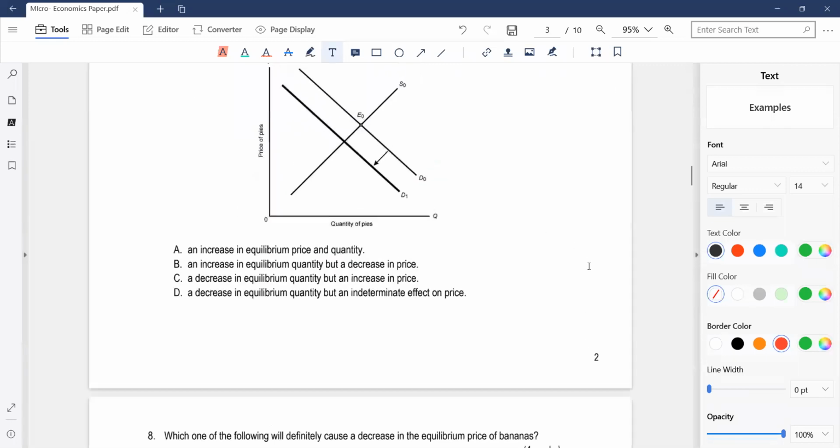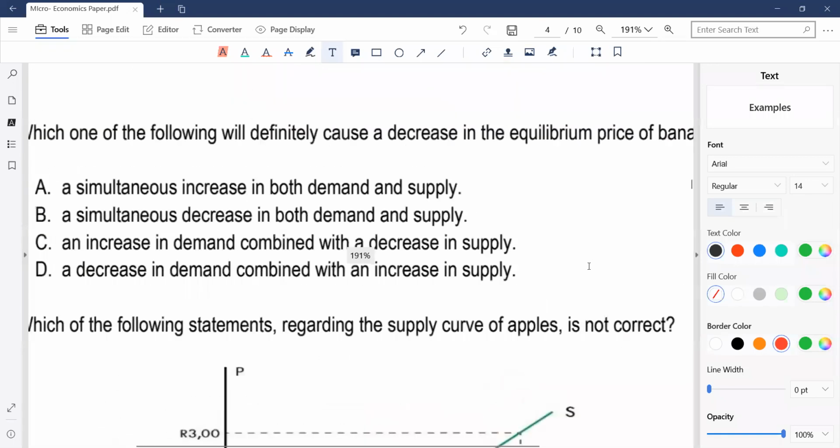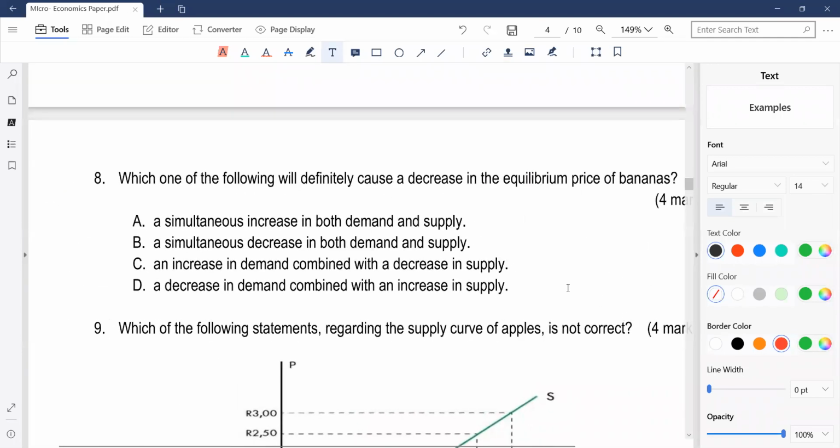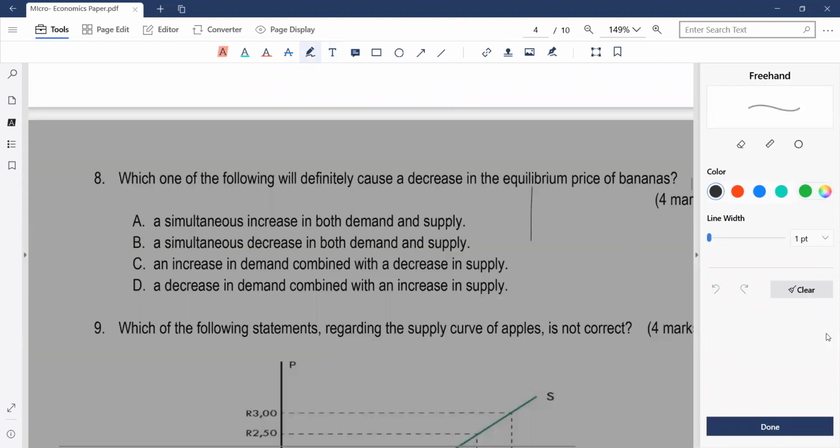On question number 8, Tyler, I'll just repeat the correct answer so that you can see what we mean. The question is saying, which of the following will definitely cause a decrease in the equilibrium price for bananas? This is the demand for bananas. This is the supply for bananas. A decrease in demand shifts to the left like that. With an increase in supply, it shifts to the right like that.